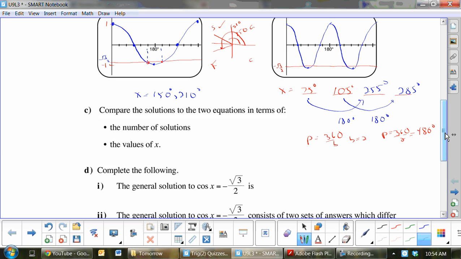So if A, I told you cos x equals negative root 3 over 2. And B, cos 5x equals negative root 3 over 2. I want you to give me all the solutions to B.